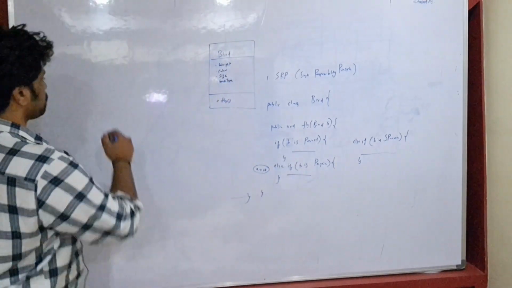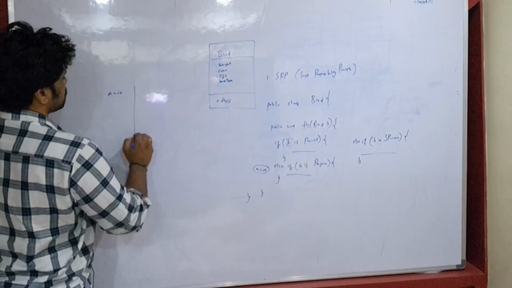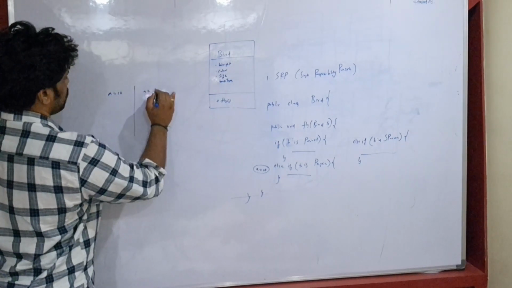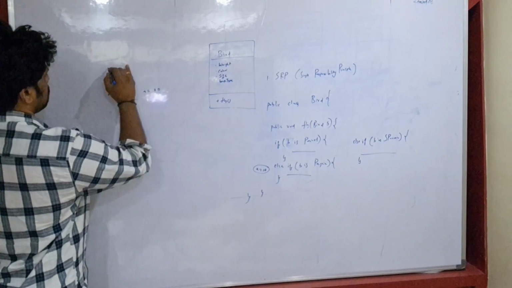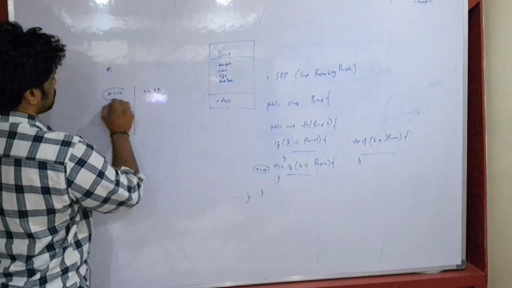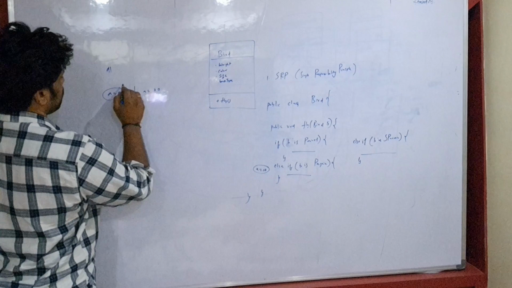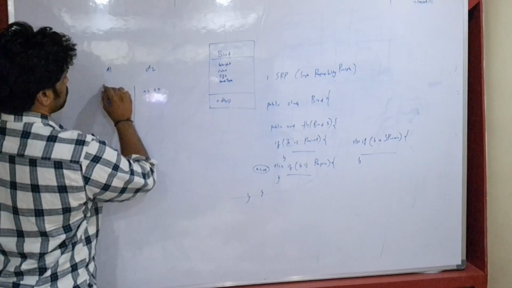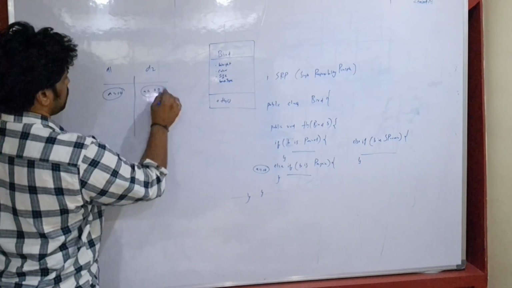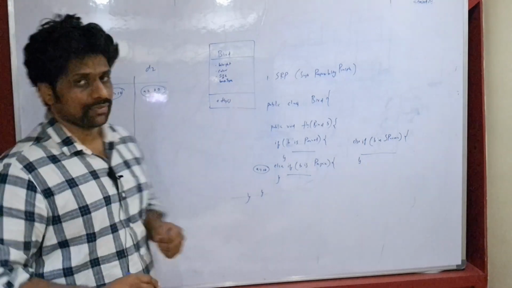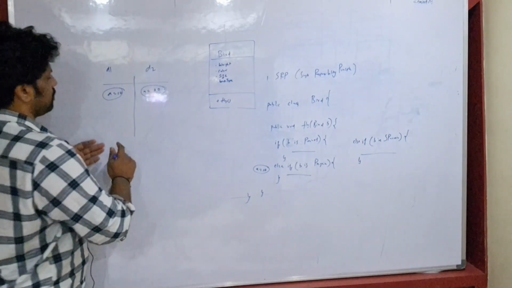And moreover, let us say developer 1 puts some value as 10 in the same file, and developer 2 also modifies the same file with some other value, then it will result in a merge conflict.